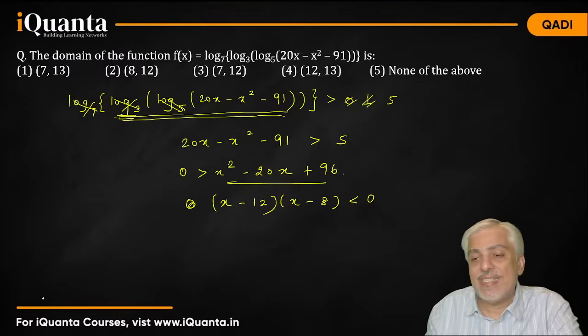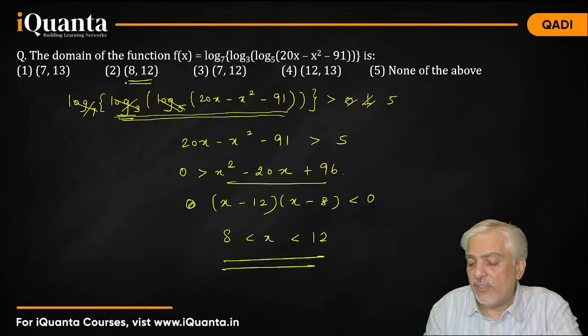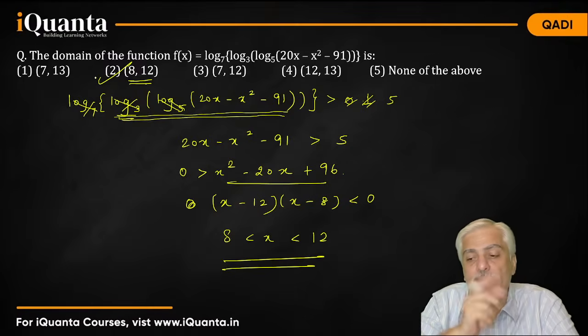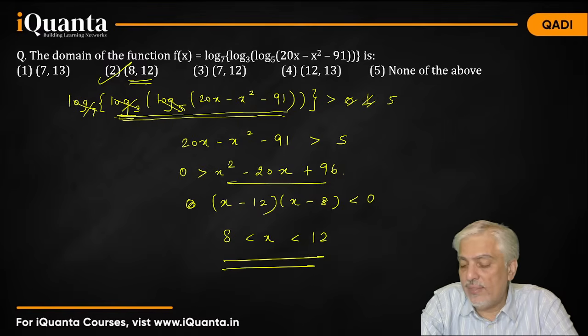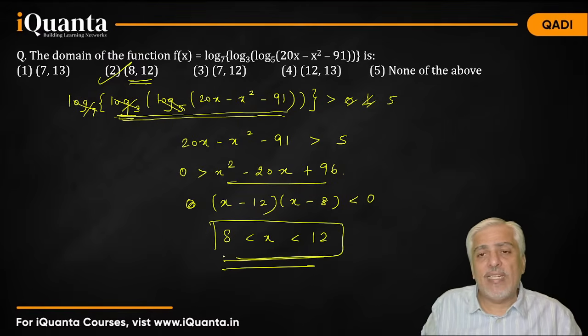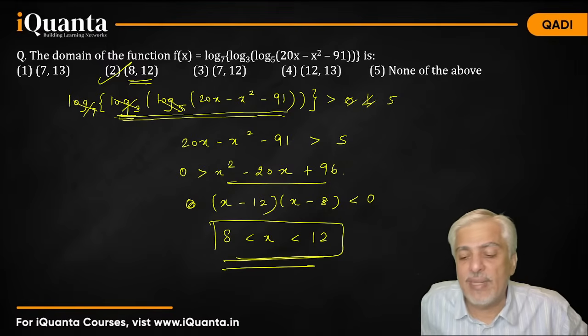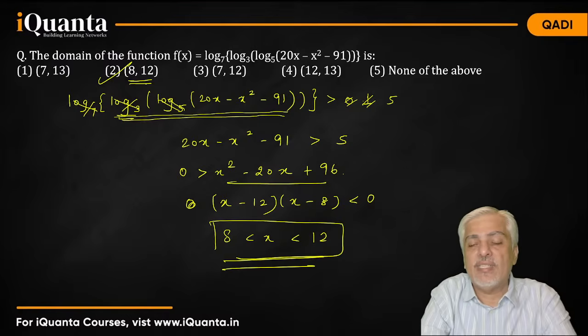Whenever it's less than, x has to be between the two. So x has to be between 8 and 12. Look at the bracket. It will be this option, between 8 and 12. And that is why this is the answer. Everybody clear? You have to be very careful in these sums. I'm sure all of you realize that you had made some mistake in the CAT questions, right?